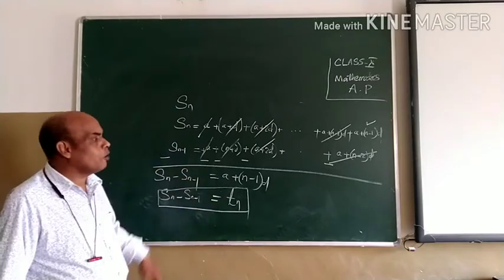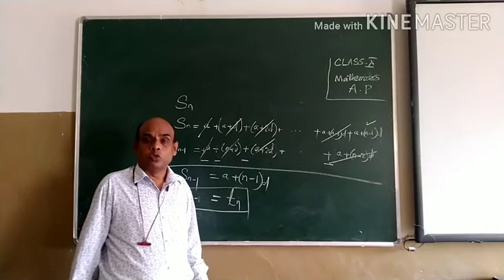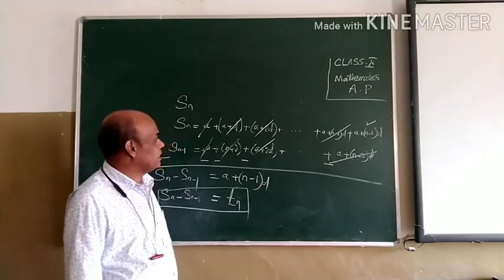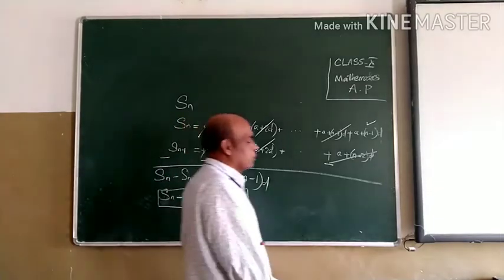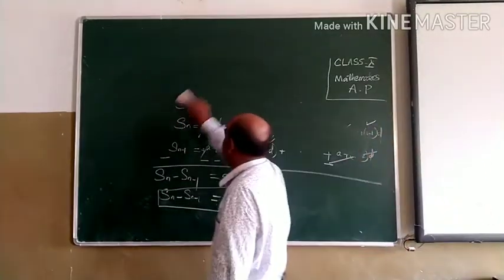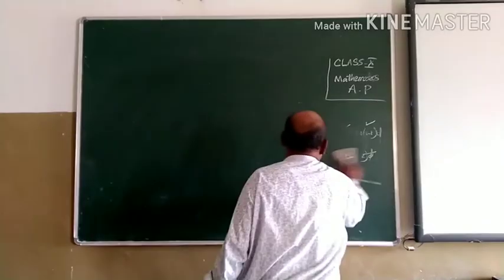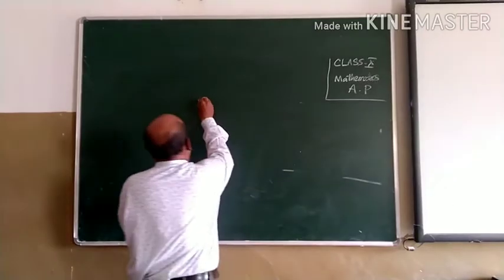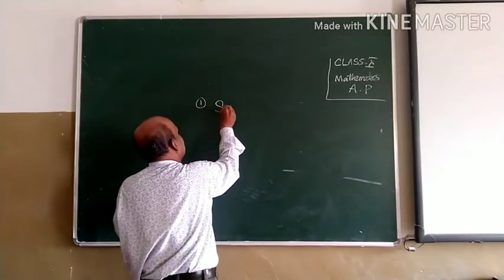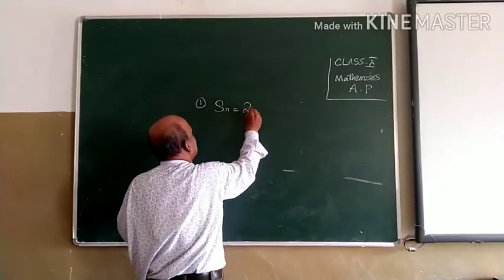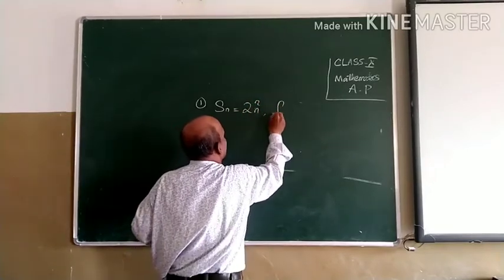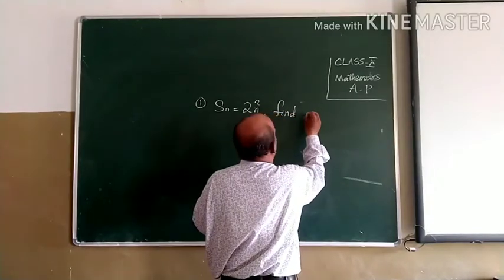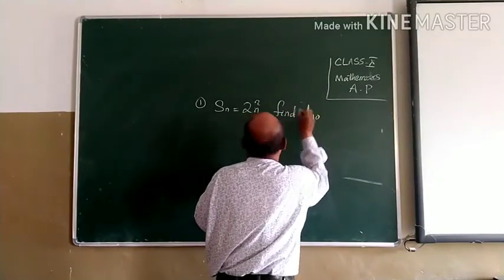So based on this formula, I will give you 2-3 questions for you to solve at home. Any doubt if arises, you will ask me. So now I write the question. Question number 1: Sn is equal to 2n square, find T10.